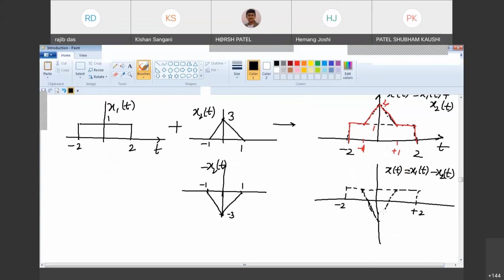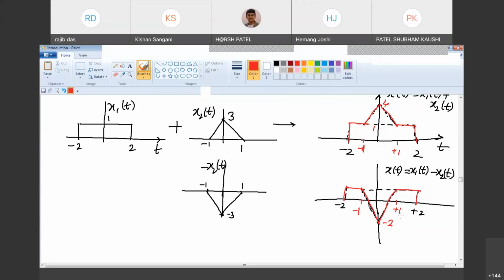Am I correct? So the resulting one could be like this. This is your -2, this point is -1, and this point is +1. Is it fine?